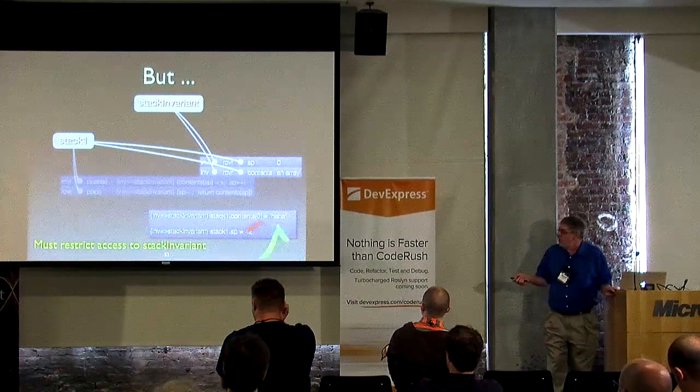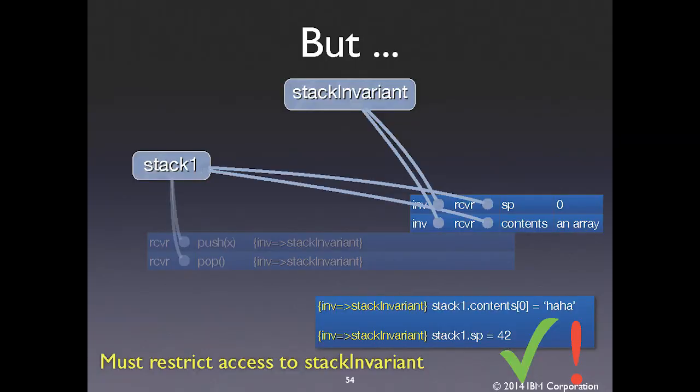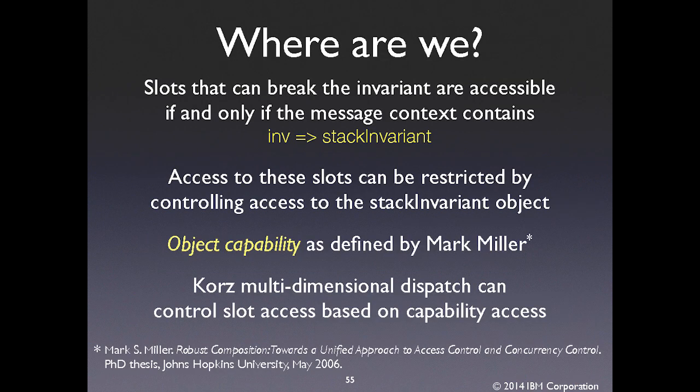Okay, of course there's a problem. What's to prevent somebody from writing any of these things, putting it in the context, and then messing up our stack? So, just to recap for a minute, the slots that can break the invariant can only be accessed with the right piece in the context. And now, what we need to do is protect access to that coordinate.